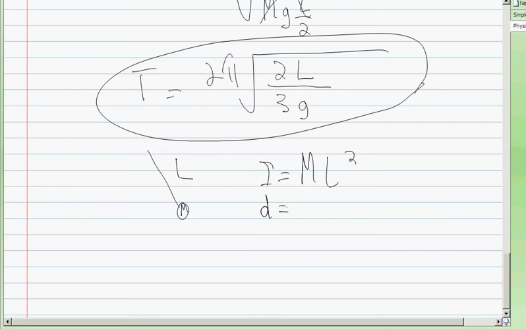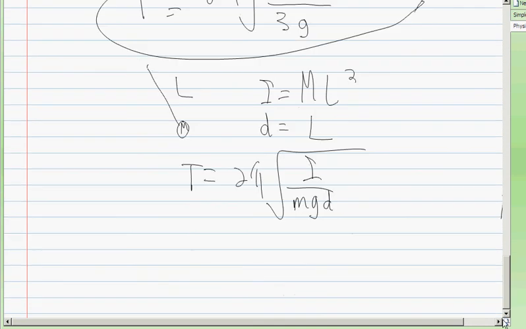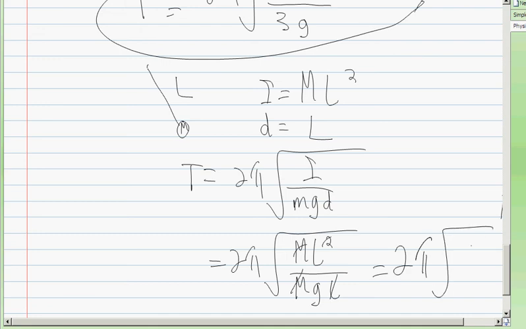And d, since it's the whole length here, is going to be L. So if we put that in, T equals 2 pi square root of I over mgd, we get 2 pi square root of ml squared over mgL. Those go away. And look at that, 2 pi square root of L over g. Love it when a plan comes together.